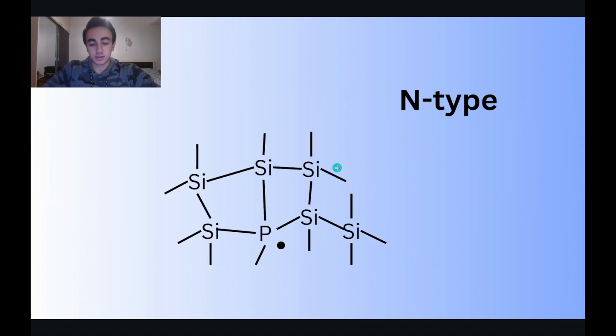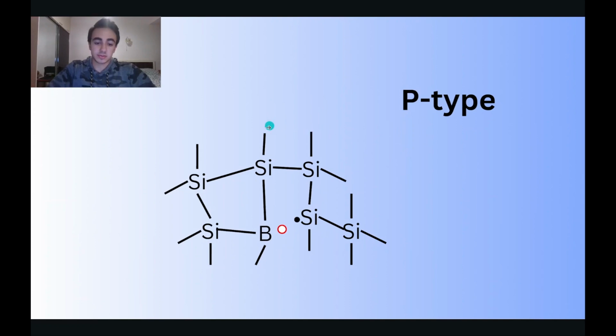Doped means when we replace one in a million silicon atoms with a phosphorus atom, which has 5 electrons in its outer layer instead of 4. So this additional electron can flow freely in the crystal, enabling it to conduct electricity. This electron creates a surplus of negative charge and therefore this type of semiconductor is called n-type.